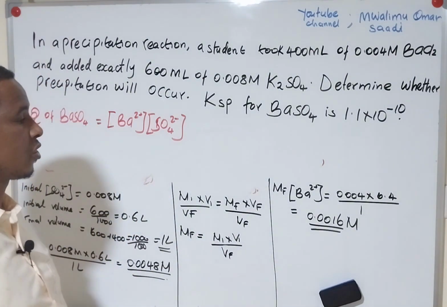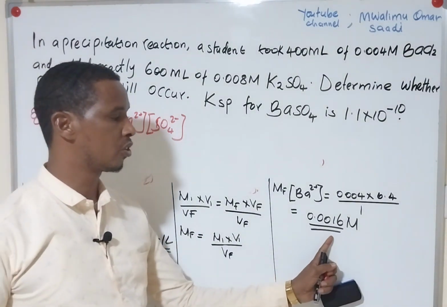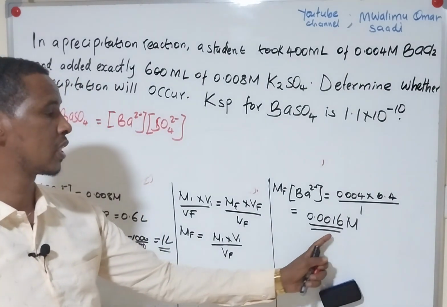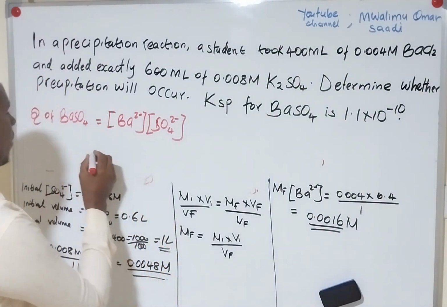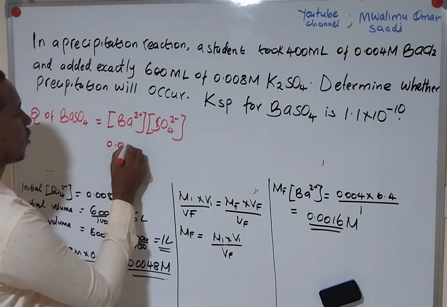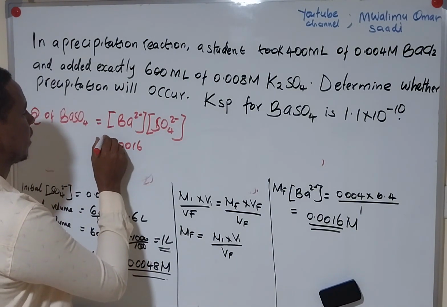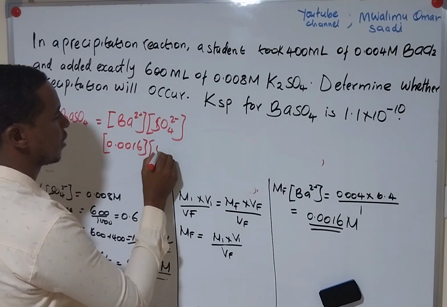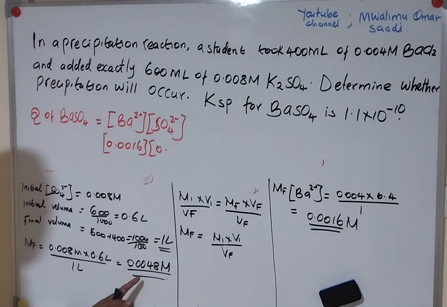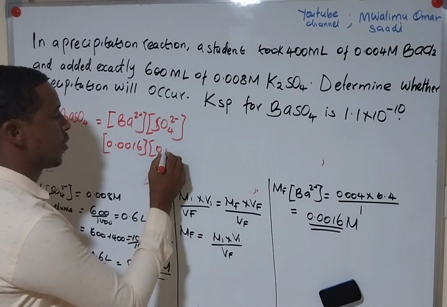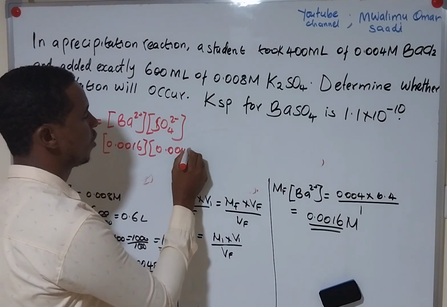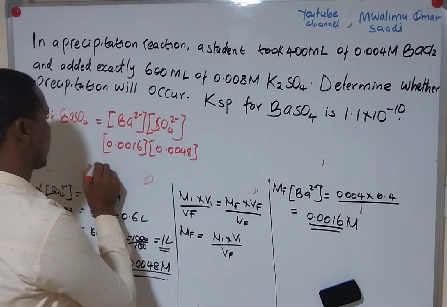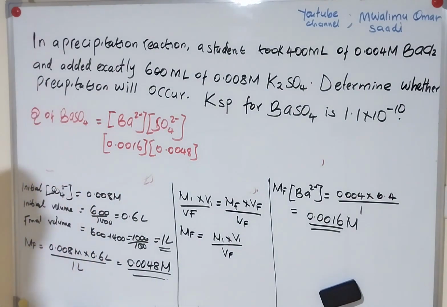The molar concentration of barium ion we have got is 0.0016, times the molar concentration of sulfate ion, which is 0.0048.